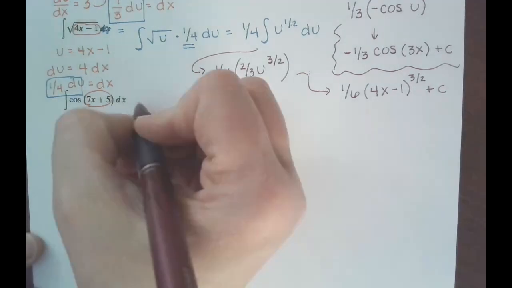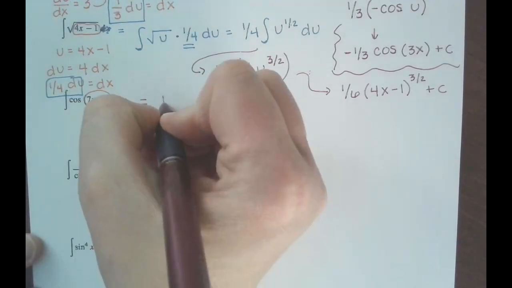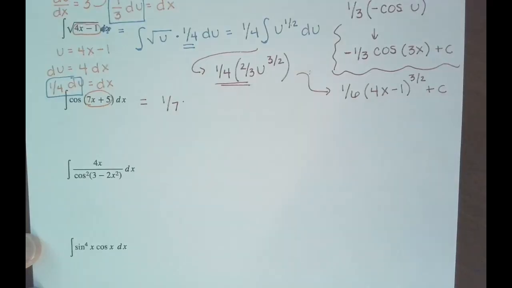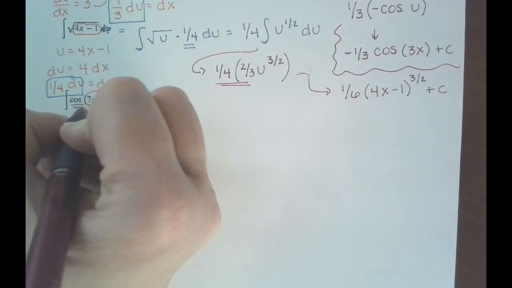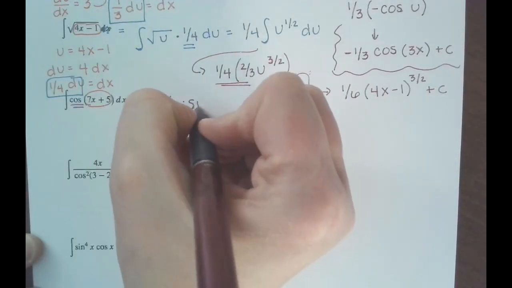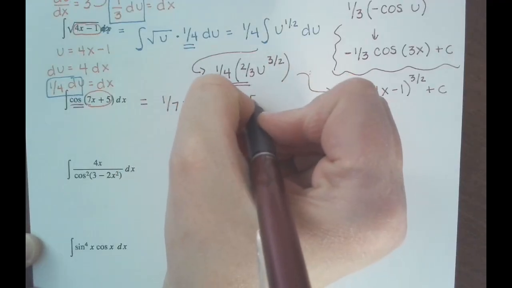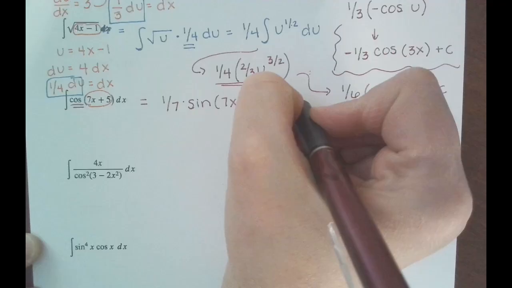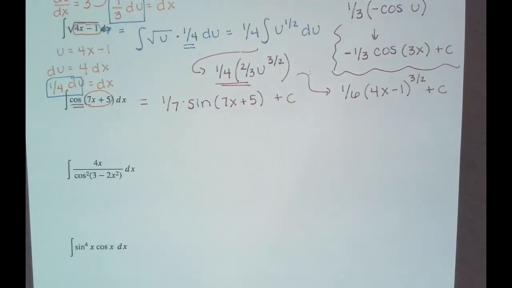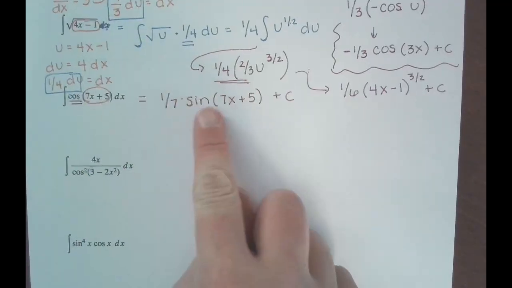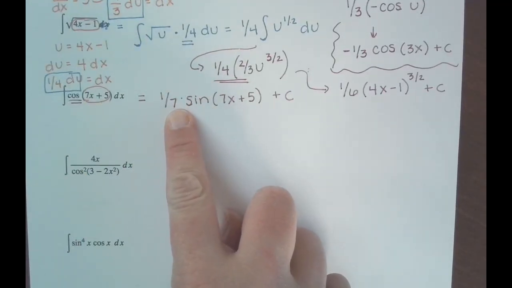So I could just jump straight to an answer here by saying, I know it's going to have a 1/7 times antiderivative of cosine is sine, and then the 7x plus 5 stays in place, plus c. If you want to try U-substitution and see where that comes from, that'd be a great idea. That would be a great way to practice. But with those ones where the derivative is just a number, this shortcut will always work.